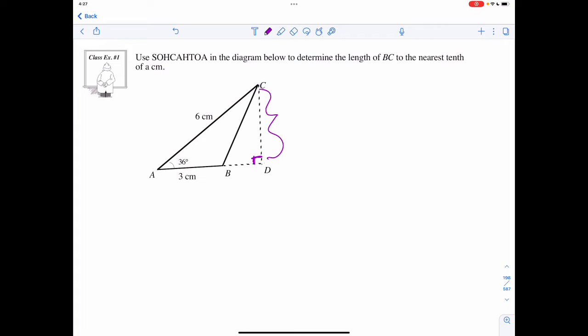So I'm going to say that sine of 36 is my opposite, CD, over my hypotenuse of 6. So CD is going to equal 6 times sine of 36, or 3.5267 centimeters approximately.